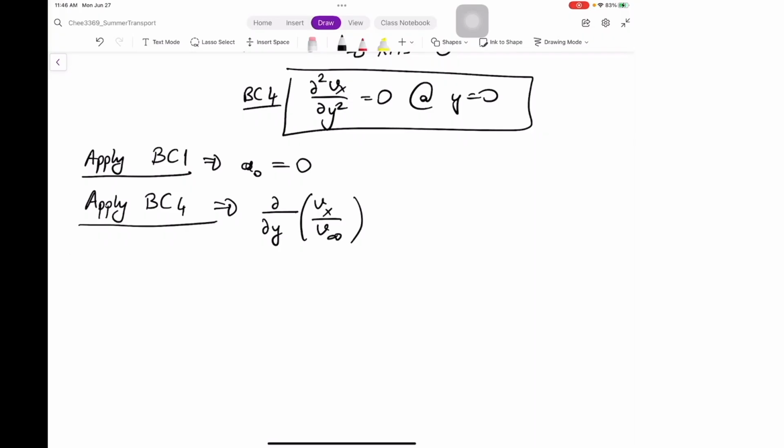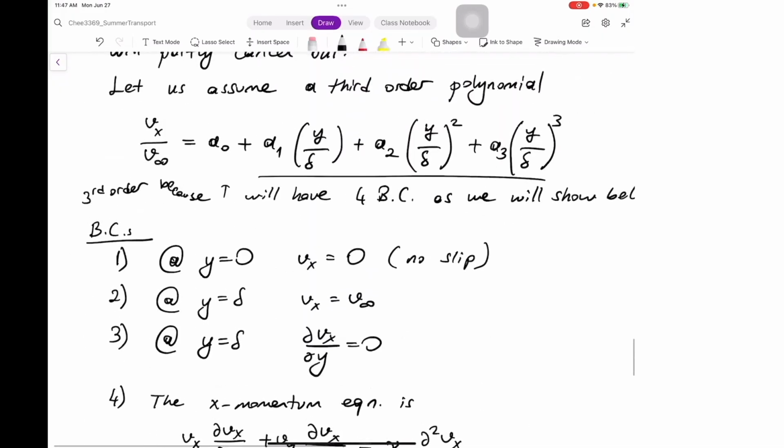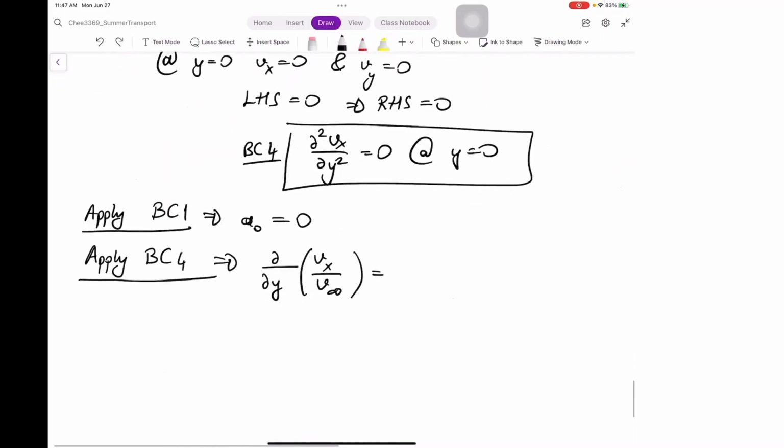Del over del y of Vx over V infinity is equal to, from here, the first derivative of this thing. It's basically a1 over delta plus 2a2 over delta plus 3a3 y squared, so there's y here, over delta cubed. This is delta squared.